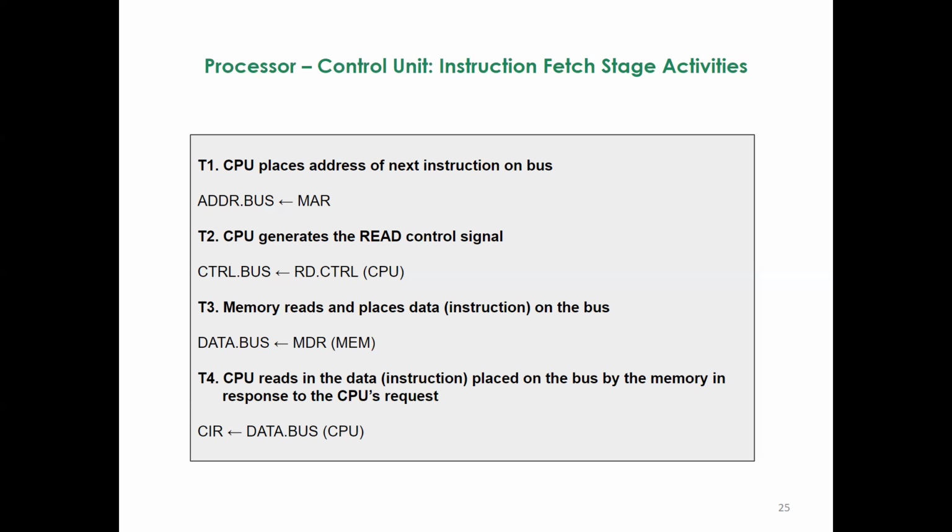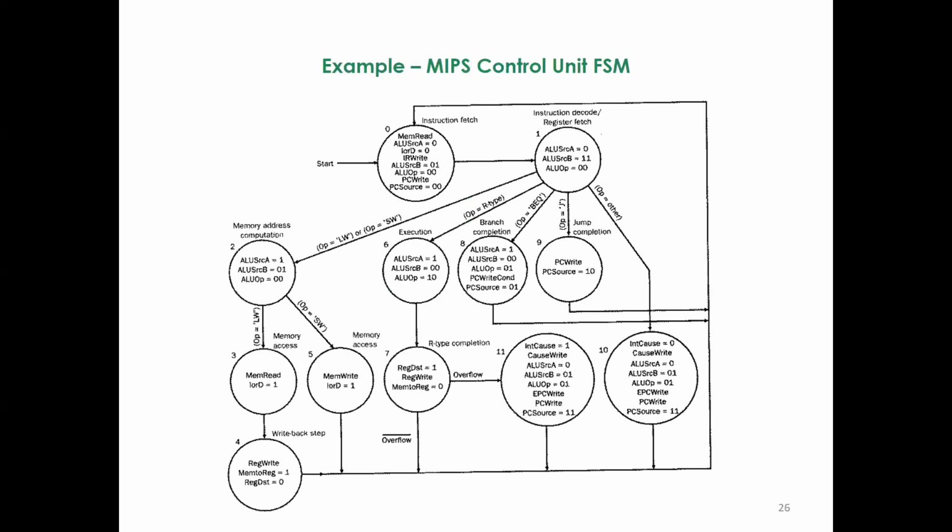Then it will do a read operation and write the result on the data lines. And the CPU will take data from the data lines and store it in either the current instruction register or the memory data register. So you get the process.